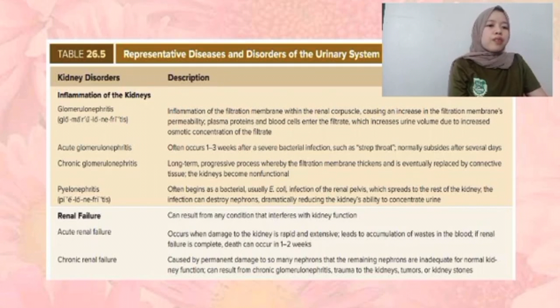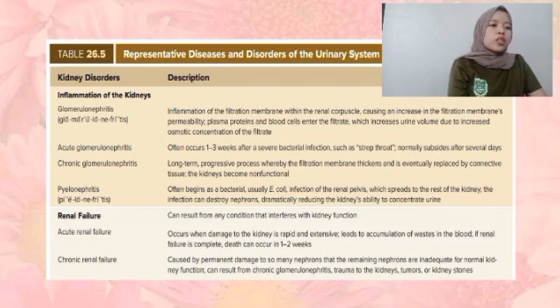And here in renal failure, first is acute renal failure. Renal failure can result from any condition that interferes with kidney function. Acute renal failure occurs when damage to the kidneys is rapid and extensive, leading to accumulation of waste in the blood.